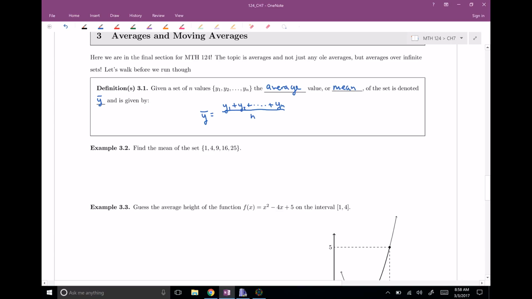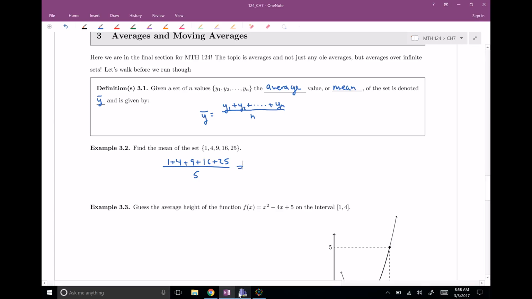So here is a set, and I want to figure out the mean, or the average, of the set. So I'm going to add up all the values together, 1 plus 4 plus 9 plus 16 plus 25. And then I'm going to divide by some number. Altogether there are 1, 2, 3, 4, 5 numbers that I added together. So however many numbers you added together, 1, 2, all the way up to n, you divide by that n. So that's why I'm dividing by 5 here.